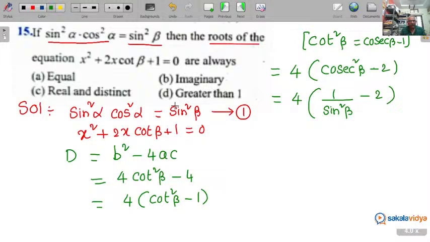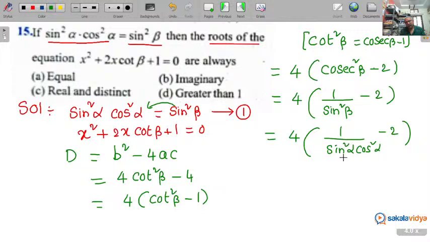Now sine square beta is nothing but sine square alpha cos square alpha. So 1 upon this is sine square alpha cos square alpha minus 2. Multiply both numerator and denominator of the first term with 4. Then you can write 4 upon 4 sine square alpha cos square alpha minus 2.